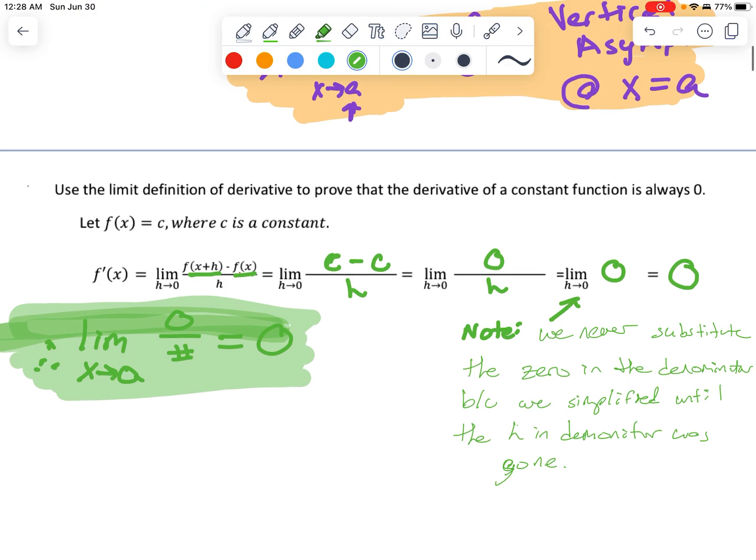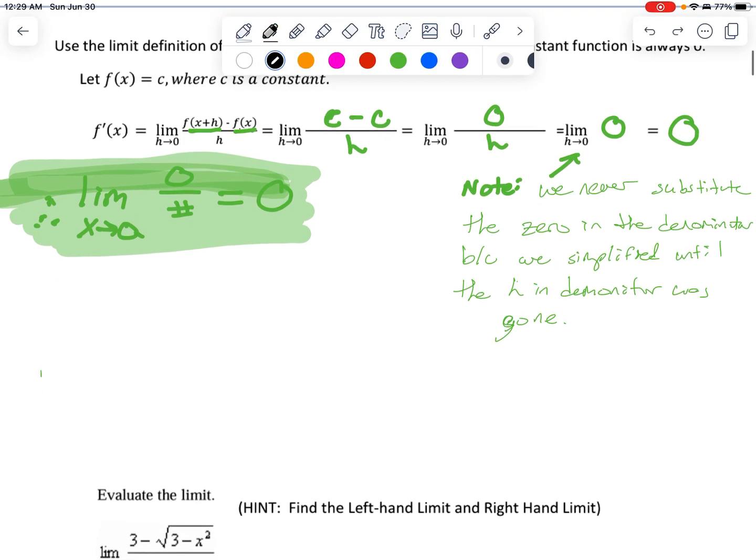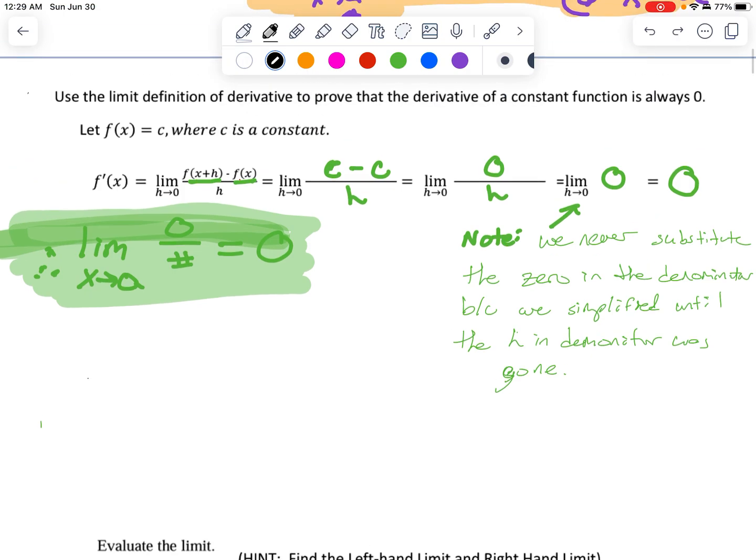So there's three things I want you to take out of this. So let's make a little box of those three things. So if I get a 0 over a non-zero number, any non-zero number, then I get 0.